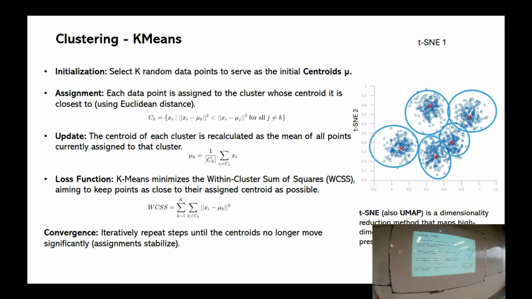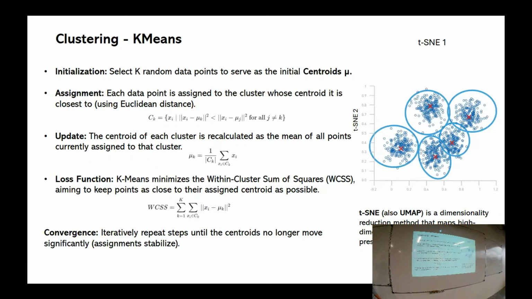Okay, so suppose we select a k of 3. We want 3 clusters. At the beginning, we extract from our data 3 points at random. This will be our centroids. And what you do is you check for all the other data their distance to the centroids. So they will be assigned to a cluster if they are closer to its centroid with respect to how close they are to the others.